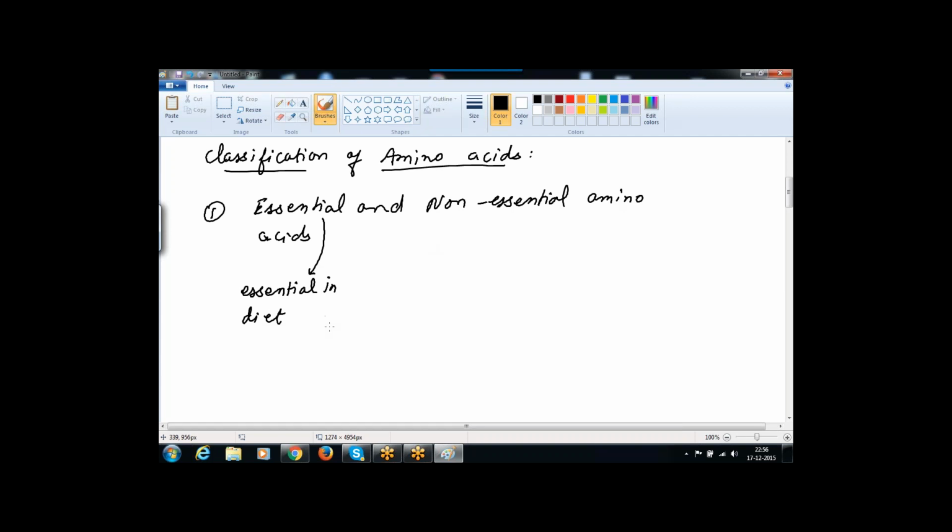Just like we talked about in fatty acids, they're essential in diet. Why are they essential in diet? Body cannot synthesize them, so they must be obtained from diet.